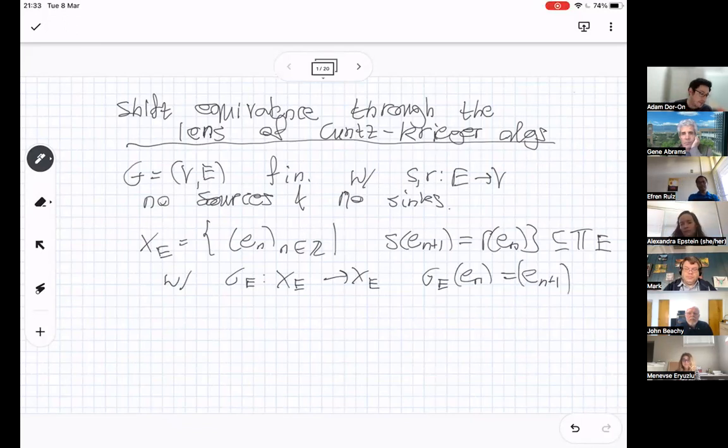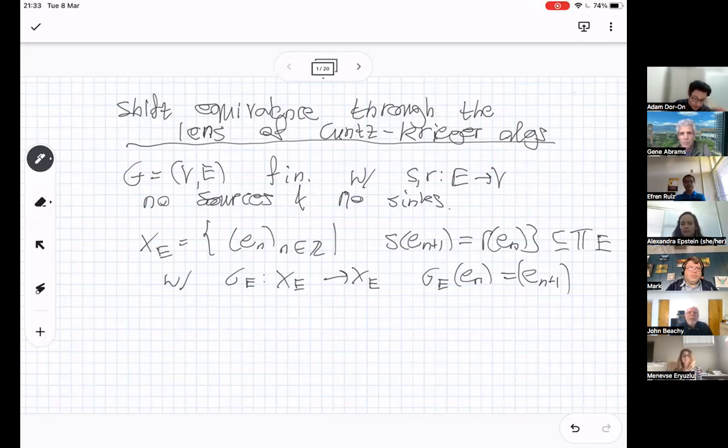Okay, and this is somehow the most basic kind of topological dynamical system. This is called a subshift of finite type, and it models all sorts of natural dynamical systems on manifolds, for instance, and a lot of people have been studying these from various perspectives.